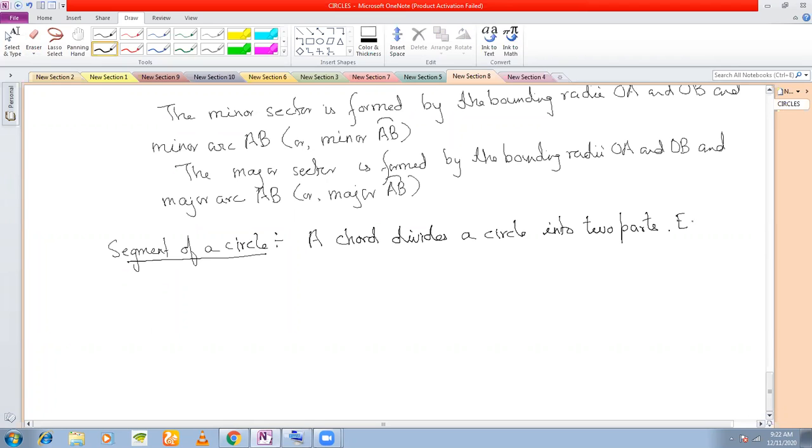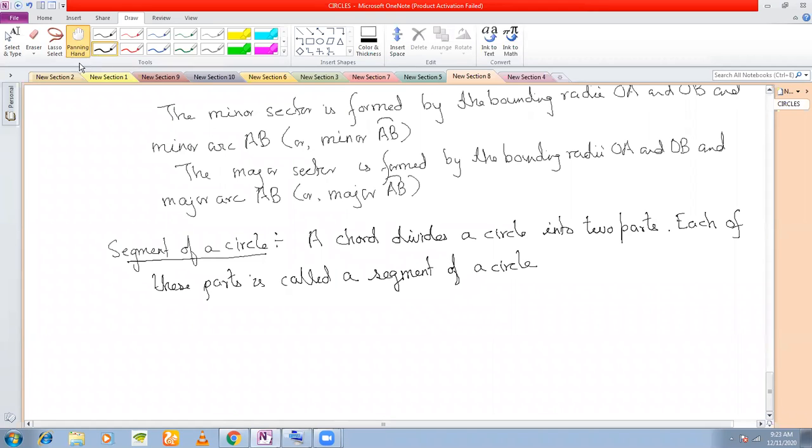Each of these parts is called a segment of a circle.